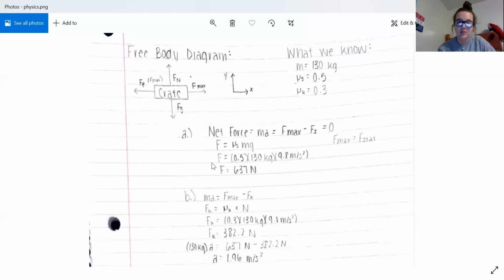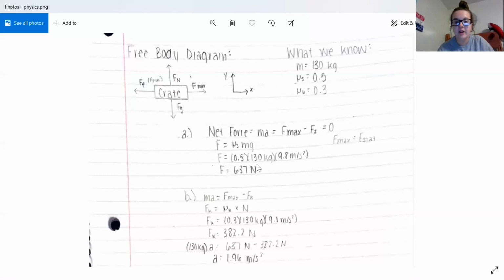So then, to solve for our maximum force, we can take the static coefficient times mass times acceleration of gravity.